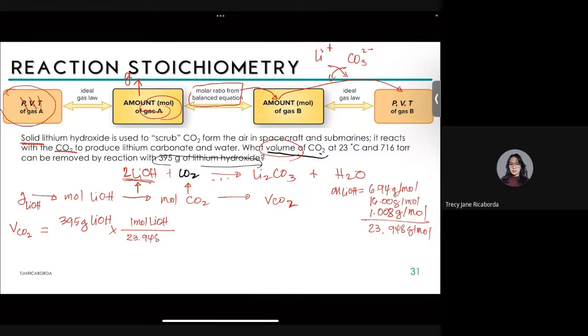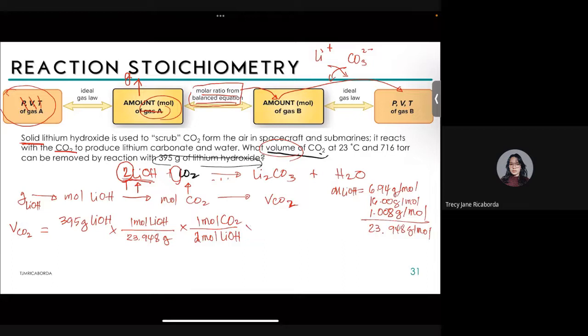So 395 over 23.948 grams per mole, times, we convert the moles of LiOH into moles of carbon dioxide using the molar ratio. For every 2 lithium hydroxide, we will use 1 carbon dioxide. So 2 moles LiOH, 1 mole CO2.